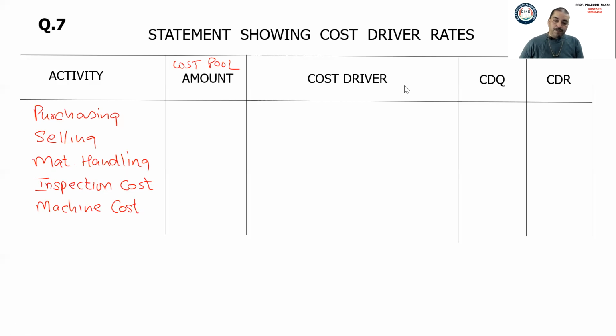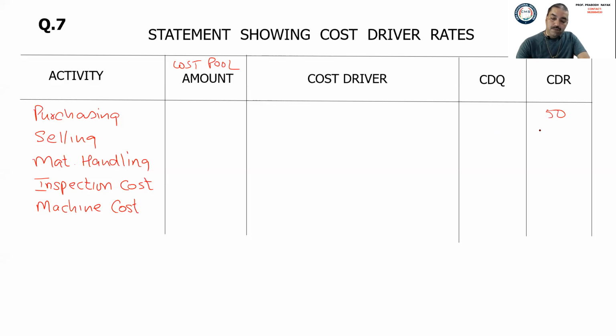So tell me the figures now. Purchasing, what is the CDR? 50. What is the CDR for selling cost? 40.